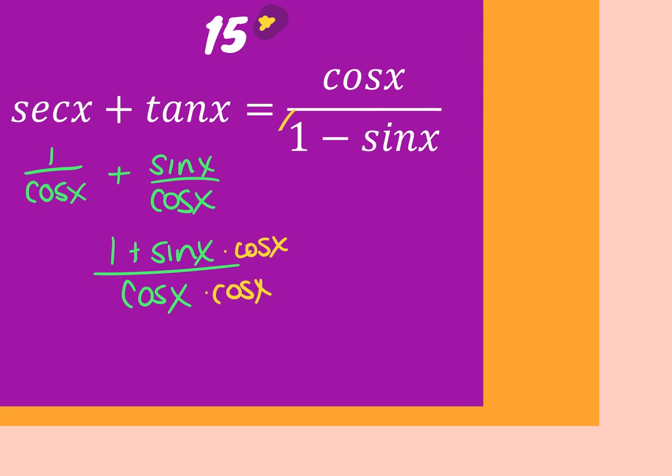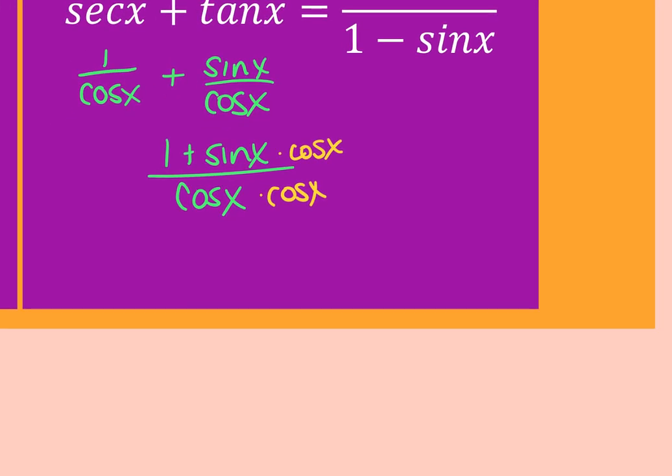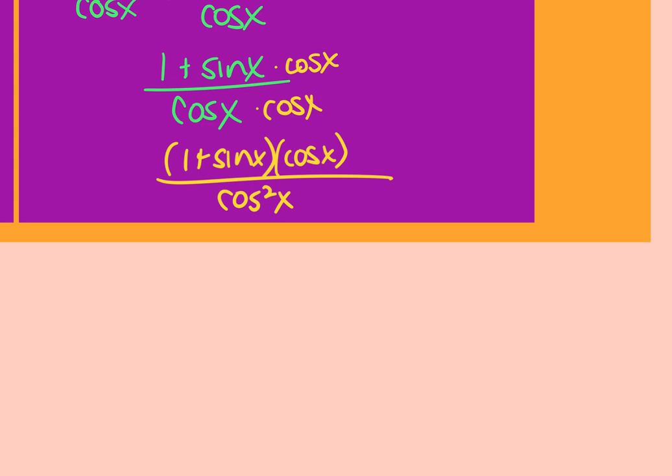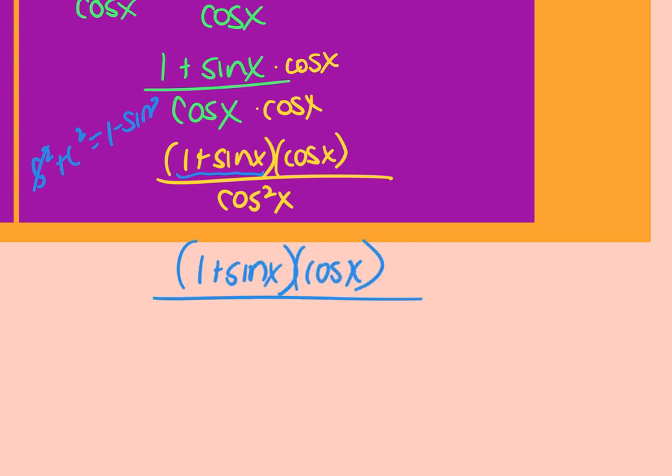Okay, so from the left-hand side, I would get 1 plus sine of x times cosine over cosine squared. And then cosine squared, if I want to get sine involved, sine squared plus cosine squared equals 1. So cosine squared would be 1 minus sine squared. 1 plus sine of x times cosine of x would go over 1 minus sine squared x.